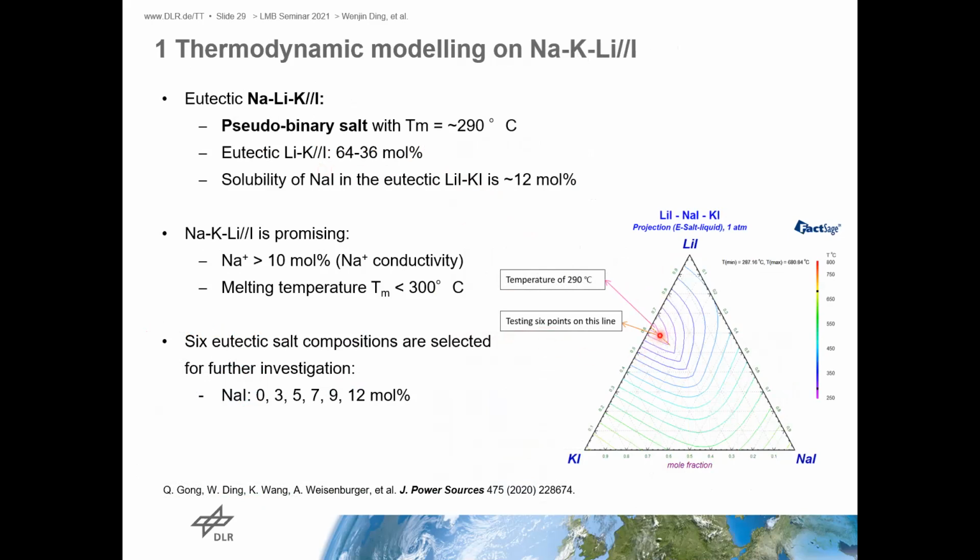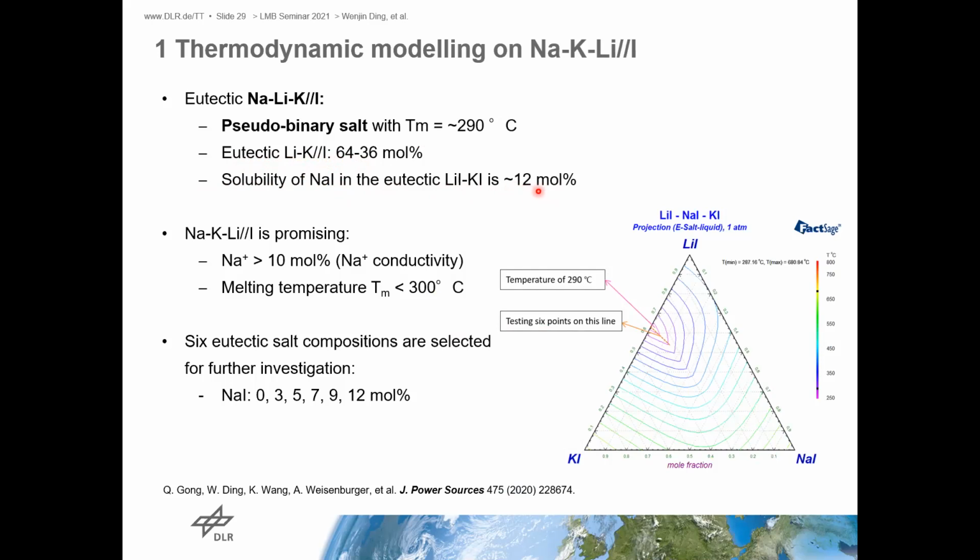We can see here, the salt mixture performs as a pseudo-binary salt. That means the eutectic lithium and potassium salt mixtures can dissolve the sodium iodide salt, but its maximum solubility is about 12 mole%.